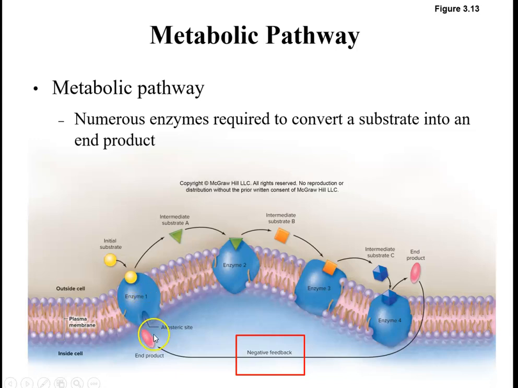When it binds to the allosteric site, it induces a conformational change, and the enzyme changes the shape of that active site, and the initial substrate can no longer bind. This process is negative feedback control. So this is an example of negative feedback, and is an example of the homeostatic mechanism of metabolic pathways. Remember, the end product of most metabolic pathways inhibit that metabolic pathway.